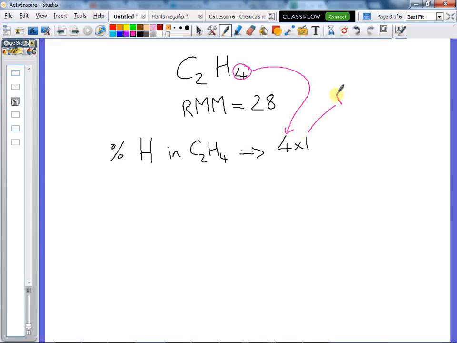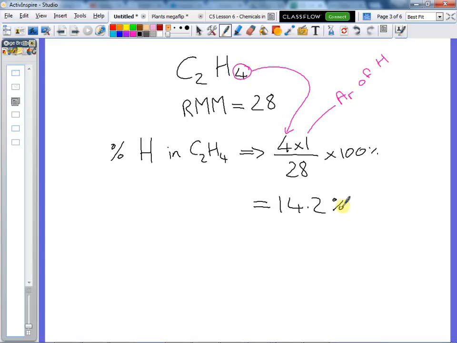The 1 is the AR of hydrogen, divided by 28. So 4 divided by 28 is 14.2%. So 14% or so of the total mass of ethene is due to the hydrogen.